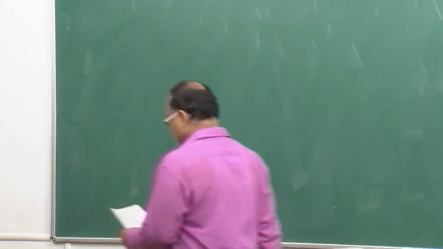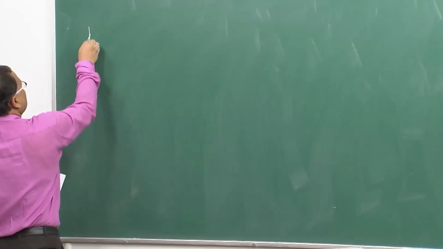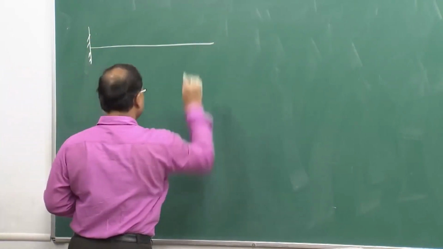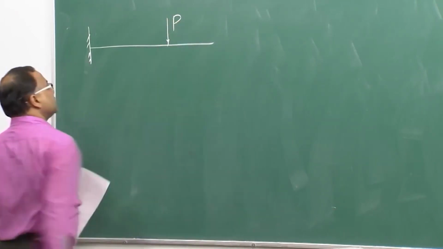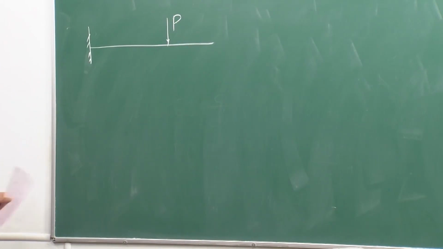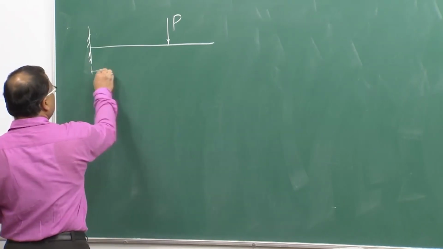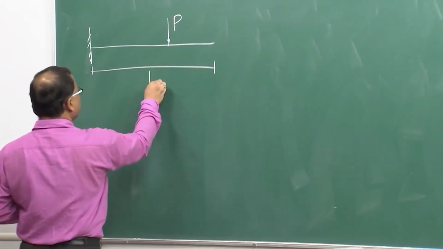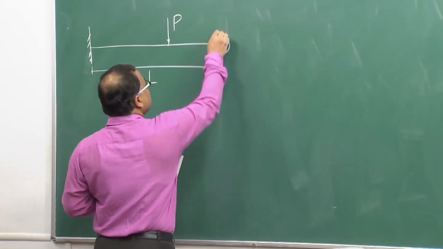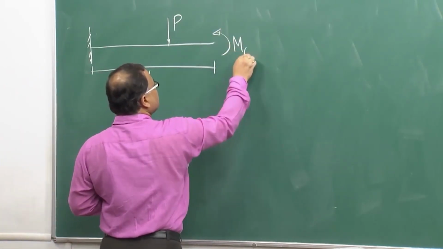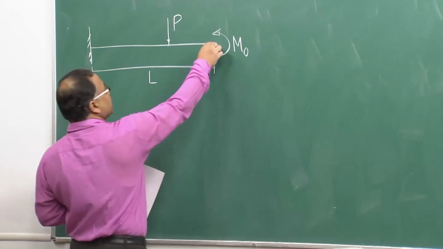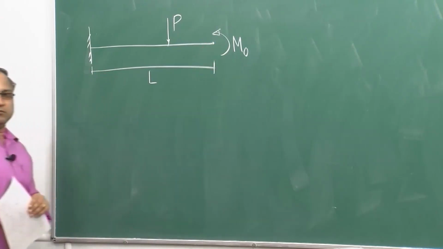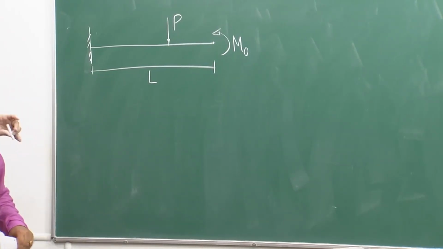Suppose this is one cantilever beam, there is a concentrated force applied here, the total length of the beam say L, and there is one concentrated moment applied at the free end. I want to find out the deflection at the free end, that is my job.